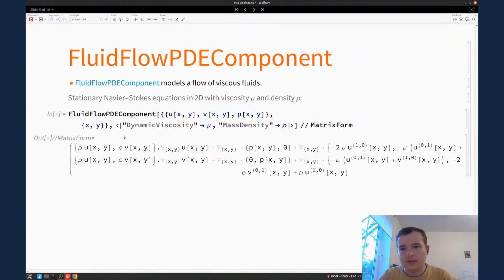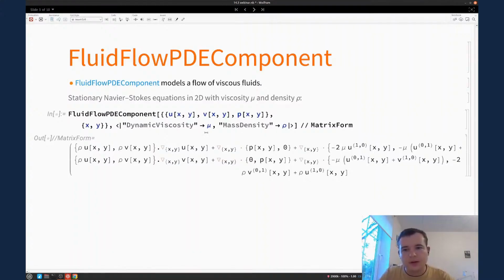Here we can see an example of how we can use the FluidFlowPDEComponent to generate the stationary Navier-Stokes equations in 2D. The FluidFlowPDEComponent takes 2 arguments. The first argument is the variables. So here we have u, v, and p. u and v are the components of the velocity, only 2 components because we are in 2D, and p is the pressure.